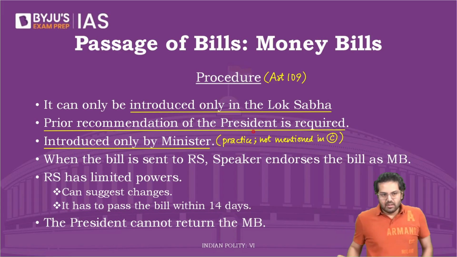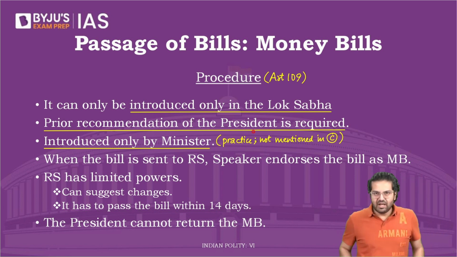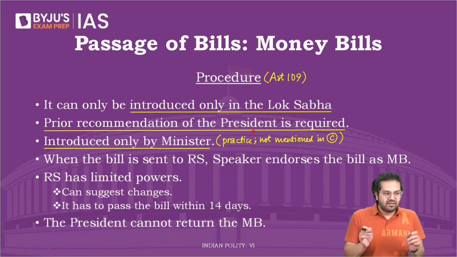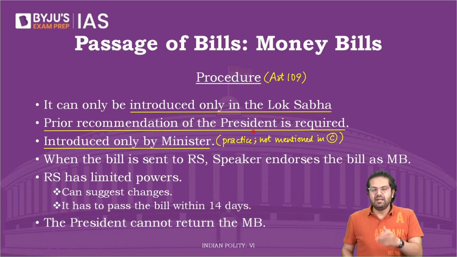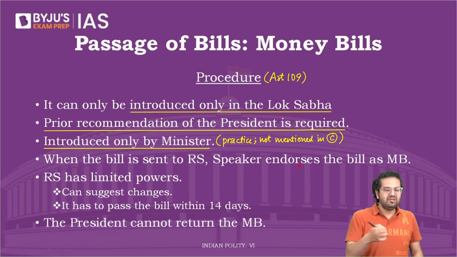Now, whenever a bill is brought in the house, who will decide the bill is a money bill? The speaker decides. Again, importance of speaker. When the house passes the bill and sends it to the other house, the speaker endorses it, signs it. Endorse means to sign.